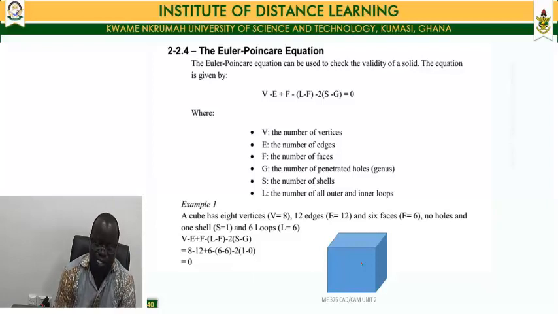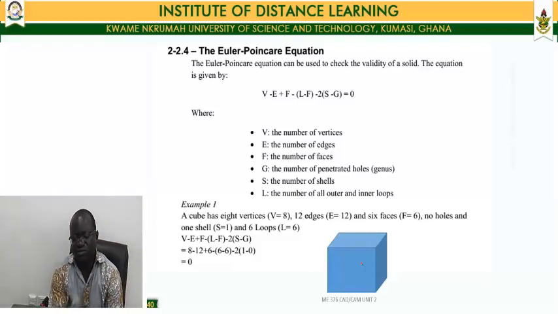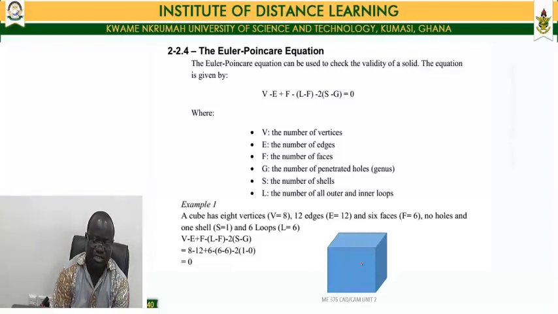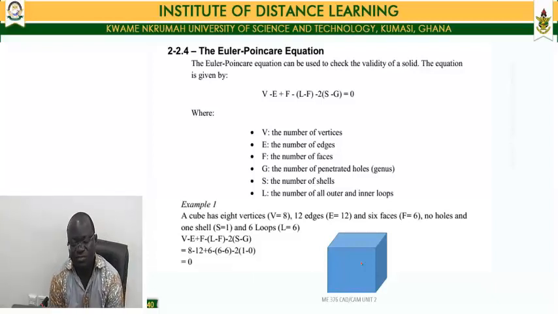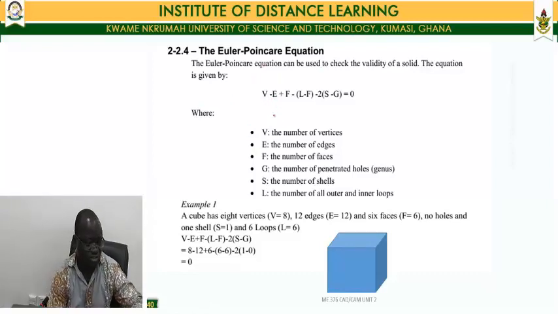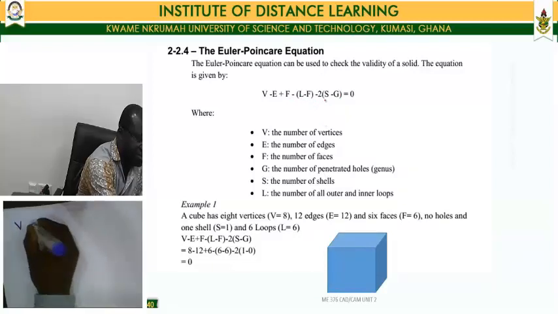We will look at this through an equation developed by the mathematicians Euler and Poincare. The Euler-Poincare equation is given as follows: V minus E plus F minus (L minus F) minus 2(S minus G) should be equal to 0. Now, this is what Euler has expressed, where V stands for vertices.